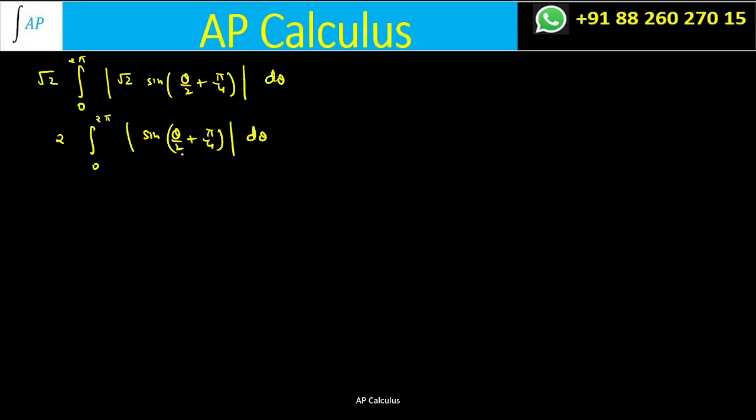Now we have to open it. So what we will do, let's put this equal to 0 to figure out where this is getting changed. So here we will be doing sine of theta by 2 plus pi by 4. We are putting it equal to 0 so that we can see where the sign is getting changed. So sine of something is equal to 0. What are the possibilities?